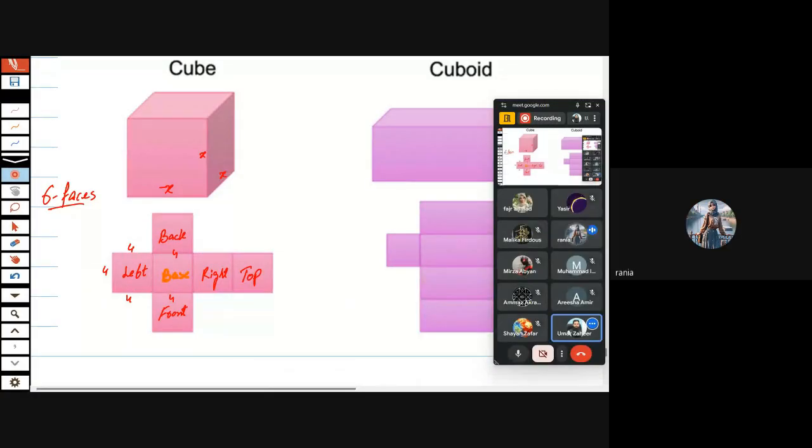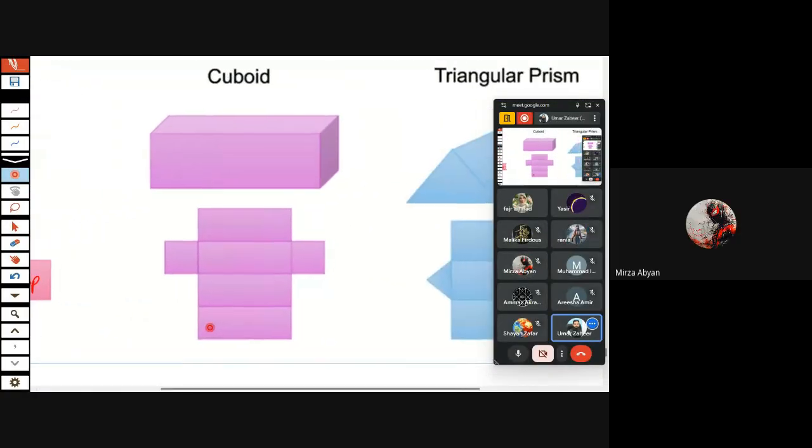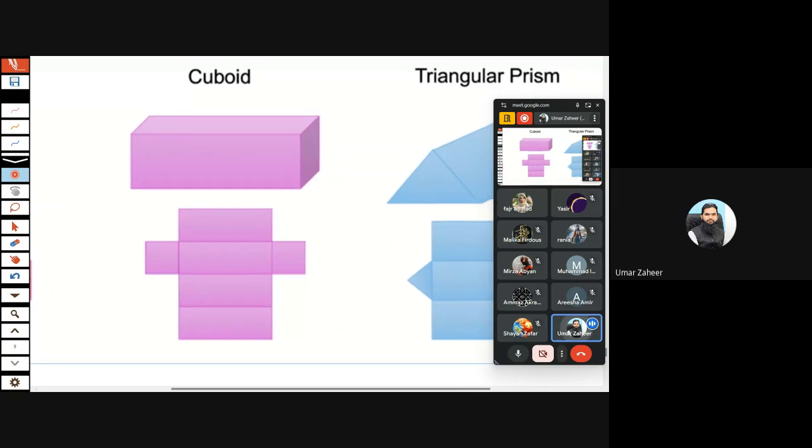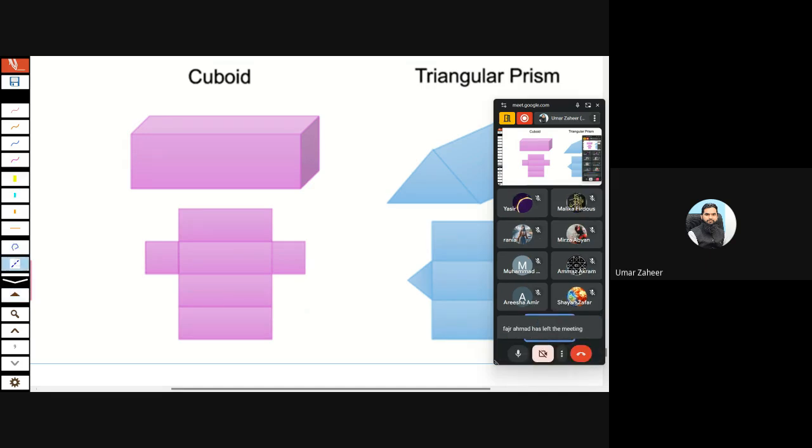No, sir. In the next one, we have a cuboid. Now I need your attention here. In a cuboid, I have to do a small construction here. One second.